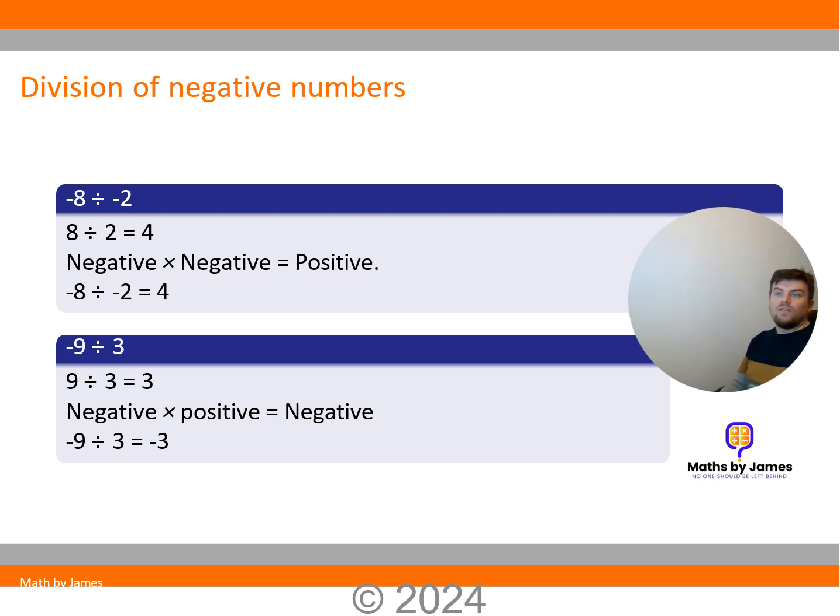We know that a negative divided by a positive is a negative, because we can fit 3 negative 3's into 9, and we can fit 4 negative 2's into negative 8.